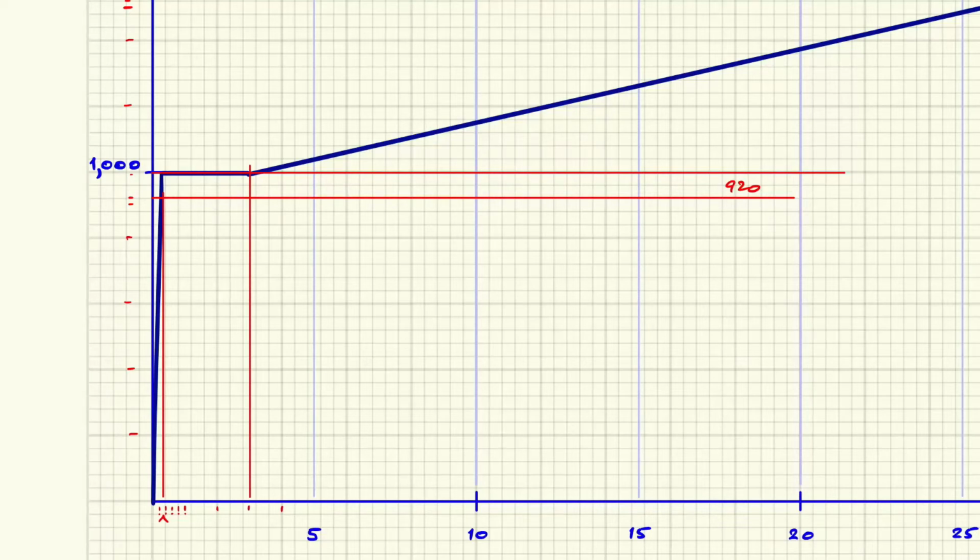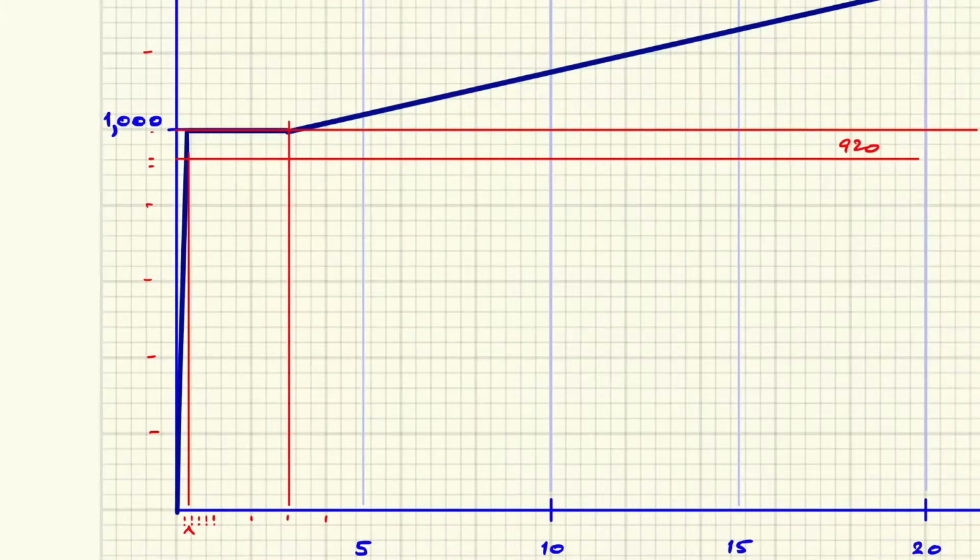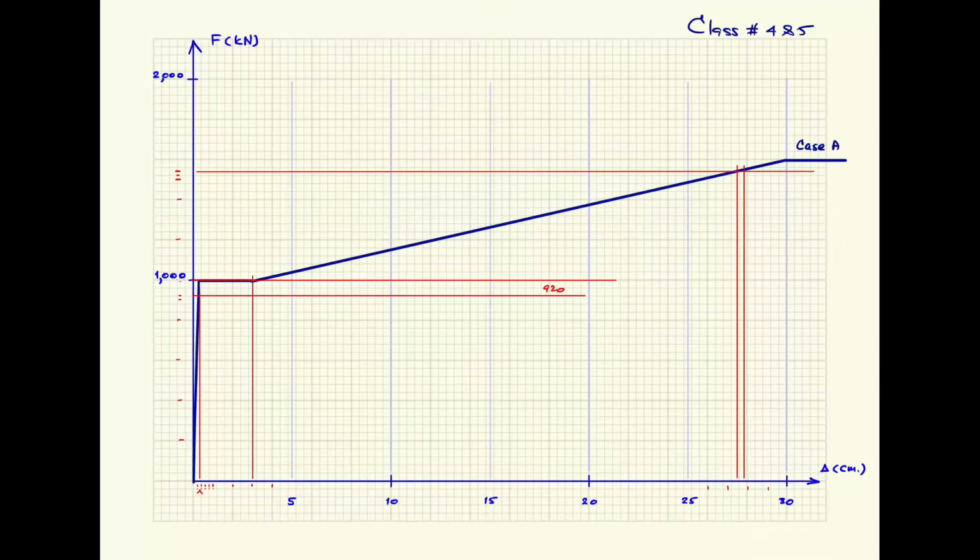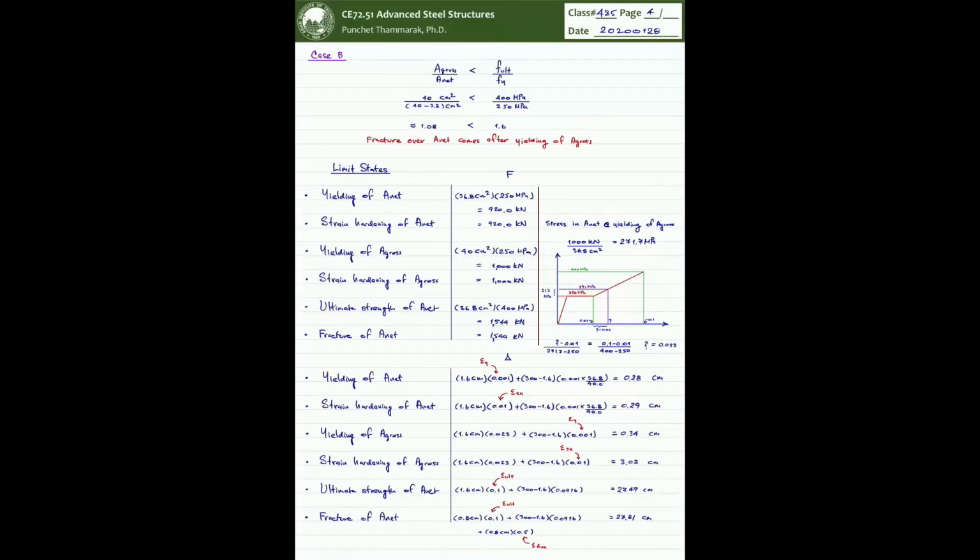I will borrow the ruler again. So let me just make sure. Yielding and strain hardening seems to be just one point, and then yielding of the A gross is 0.3, which is 1000.